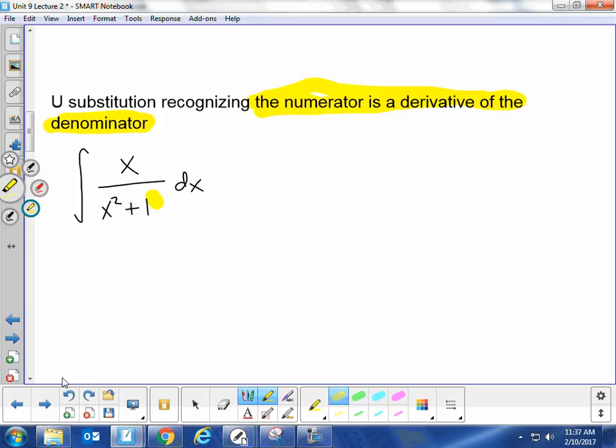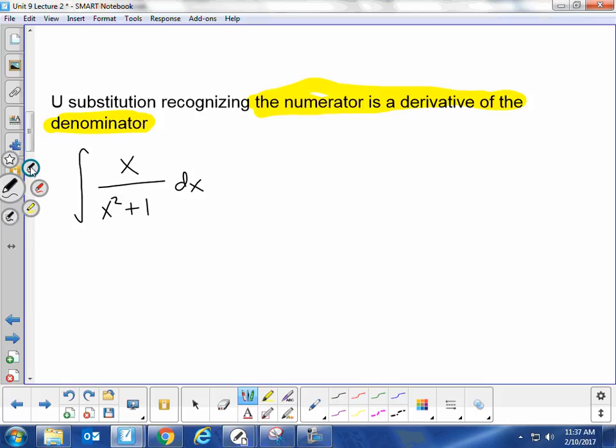It's not allowed with fractions. So we got to think and see that x is a version of the derivative of the denominator. I take the derivative of x squared plus 1, I get 2x. That's going to enable me to cancel that x and use u-substitution.